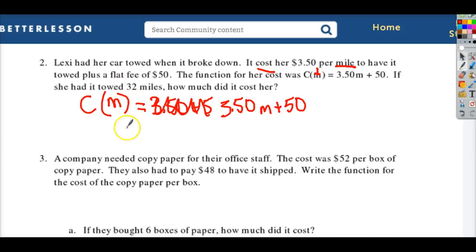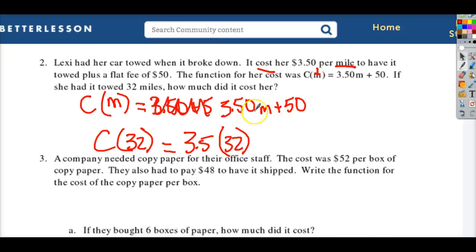So 32 miles, sorry. So that's now M, right? That's the amount of miles. The function cost at 32 miles is going to be 3.50 times the amount of miles. Again, just plugging that in for M because that's what M is.